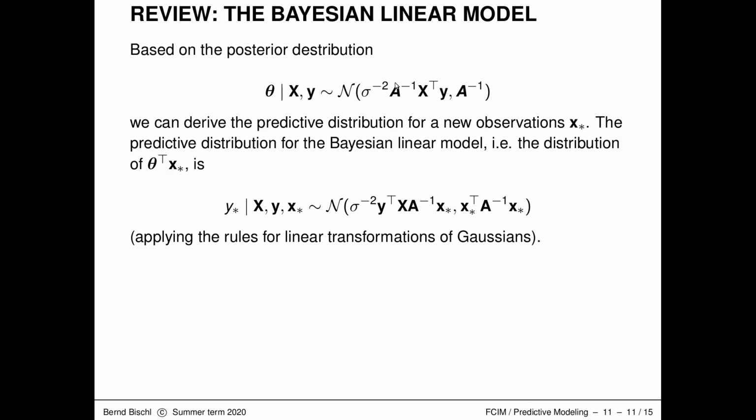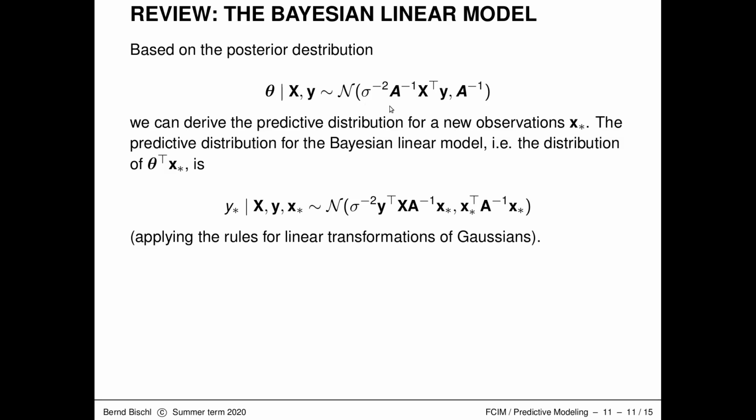So we take this one, transpose it, and then multiply it with x star. You could have also multiplied it from the left-hand side with x star transposed.